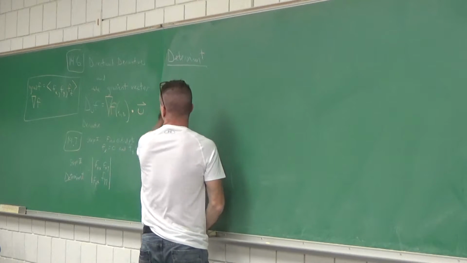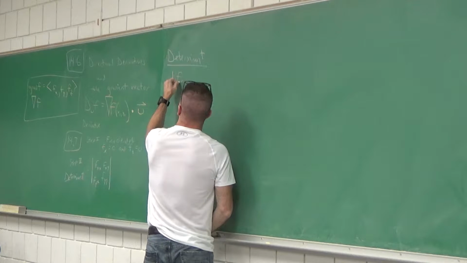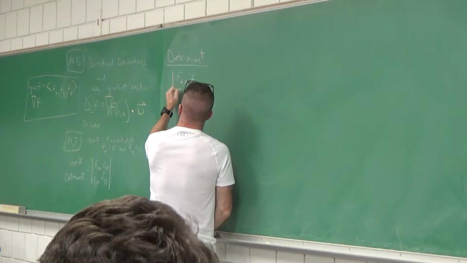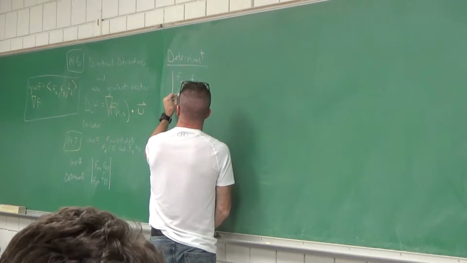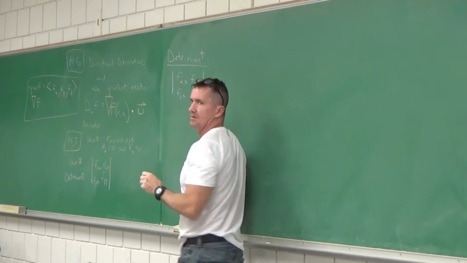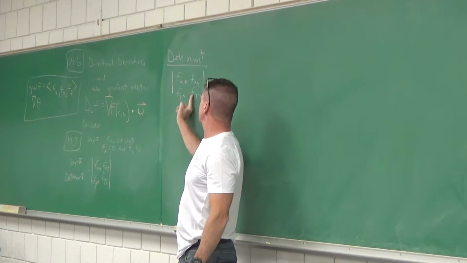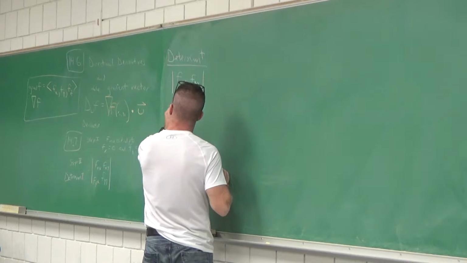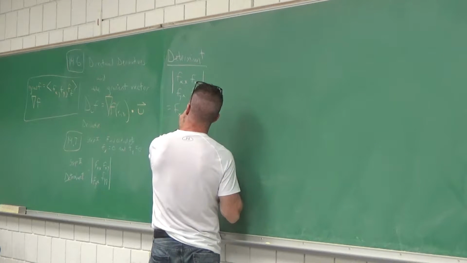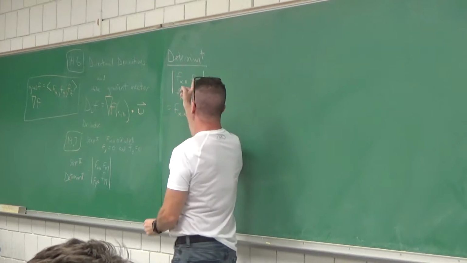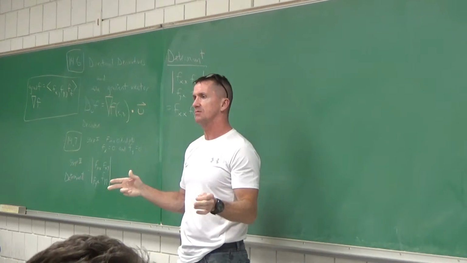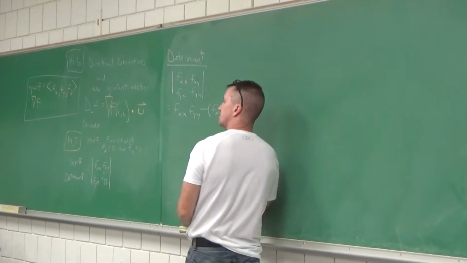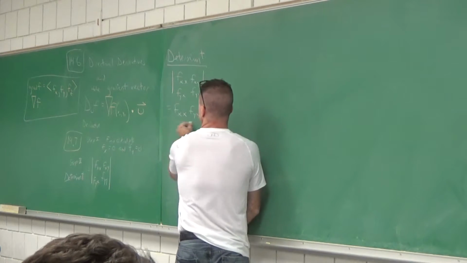The determinant will be fxx, the determinant of this matrix. What is the determinant of this matrix? You go this times this minus this times this. So fxx times fyy minus, isn't fxy equal to fyx by Clairaut's theorem? So I'm going to just write parentheses fxy close the parentheses squared. There you go.